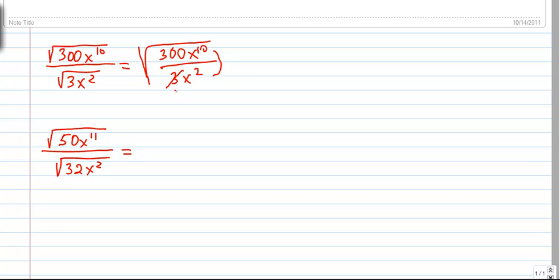Both coefficients can be reduced by 3, or divided by 3. So 1 here and 100 there. And we can look one step ahead and decide whether we will have anything in our denominator.